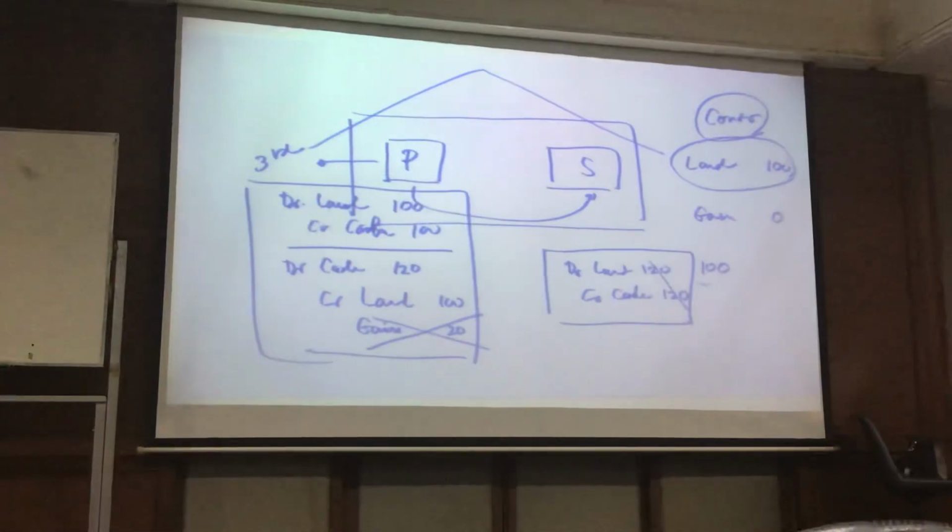Without elimination, what happened? Assets blow up. What happened to revenue? Revenue blows up. My job is to make the financial statement fair to you. That's why I need to report everything just like the group got it from a third party. Okay? To make sure you understand this, turn on the hand up.